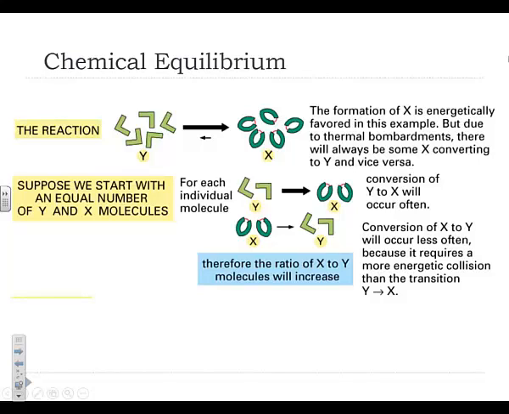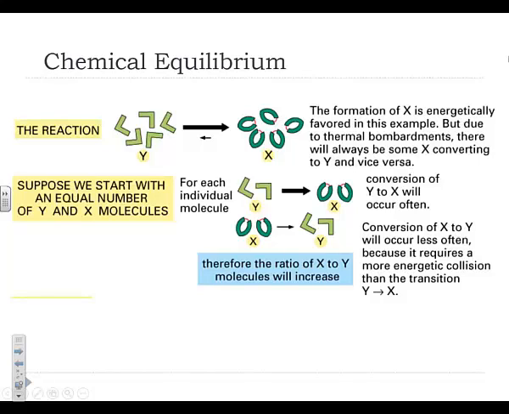As the concentration of the substrate, Y, decreases, then equilibrium will be reached and no net reaction. So the net movement here would be towards the product, but no net reaction would occur.